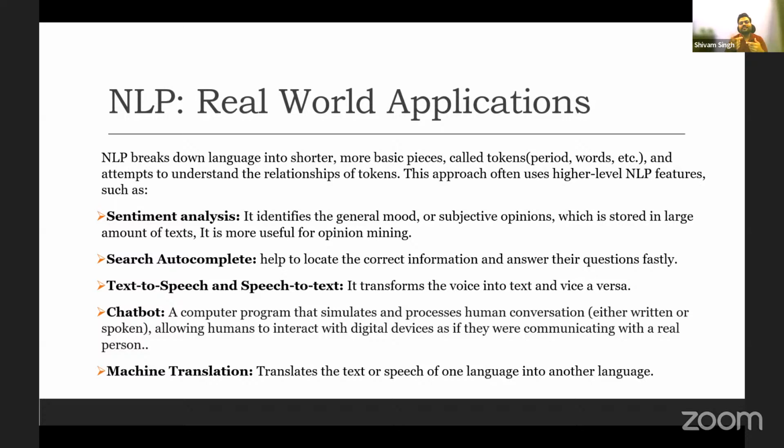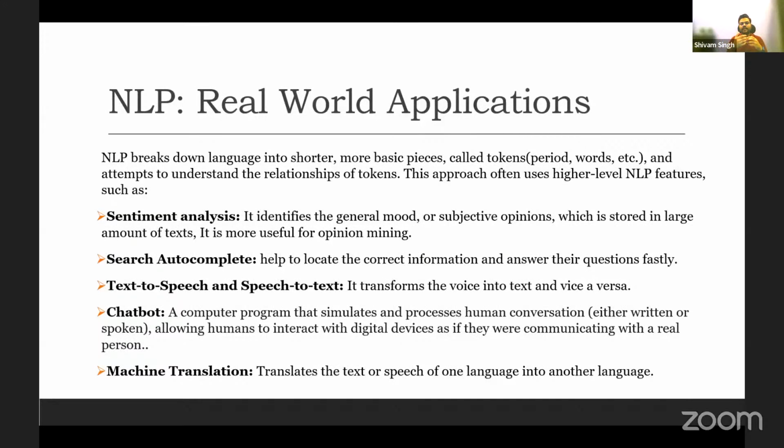This is what you call the sentiment. Sentiment means your observation with respect to any product, any restaurant, any object. What is your thought about that particular object? That is what we call the sentiment.